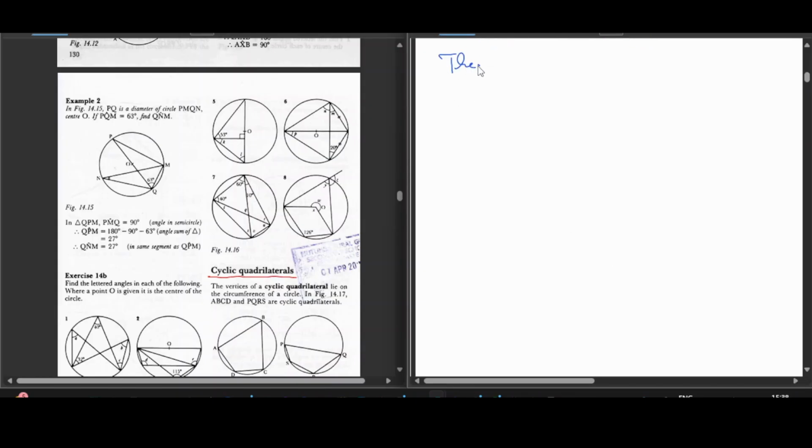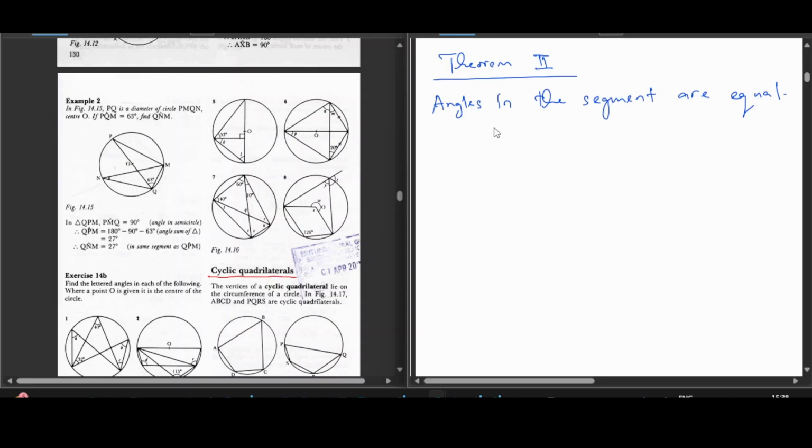For our second theorem, which is theorem number 2, what we learned is if we have angles in the same segment, they are going to be equal. So angles in the same segment are equal.